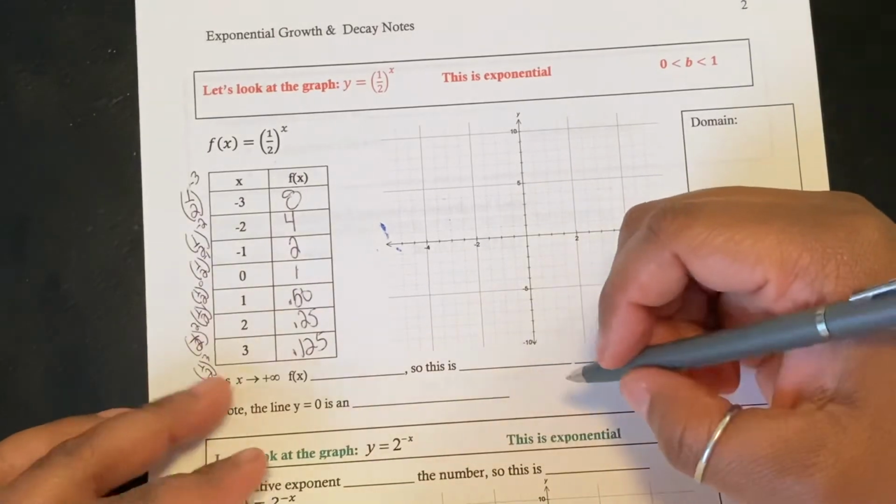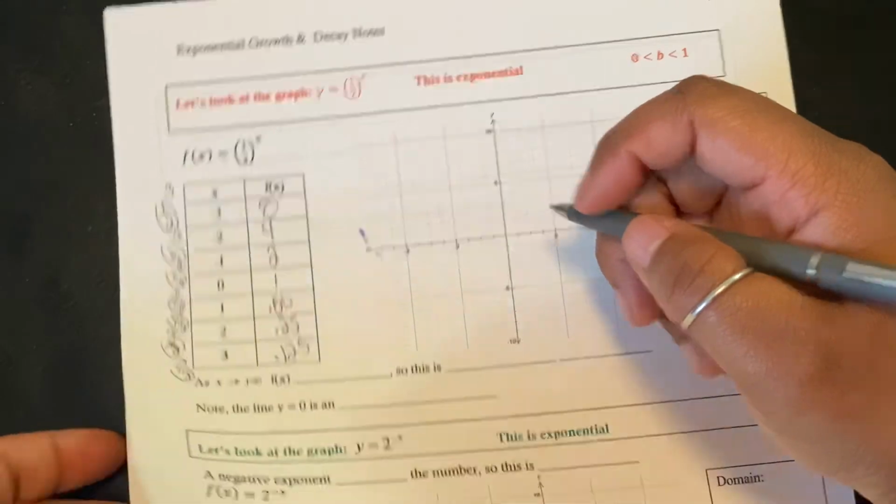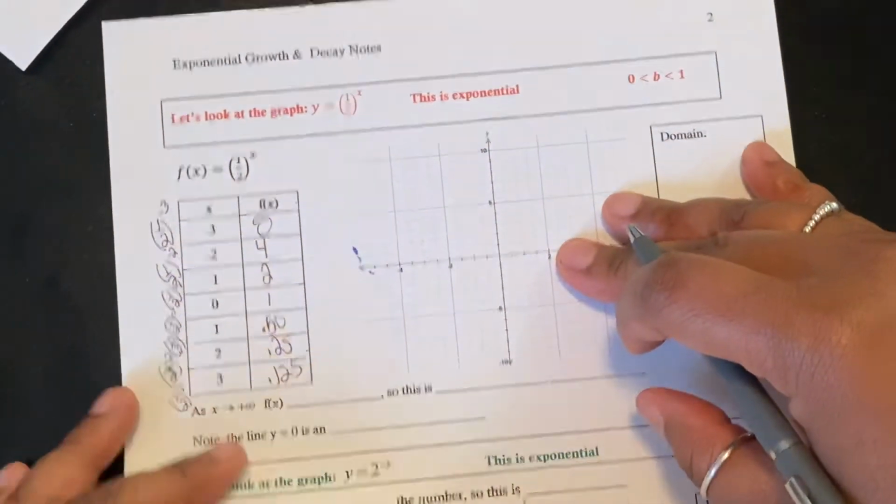All right, so now let's graph it using the points we just found.